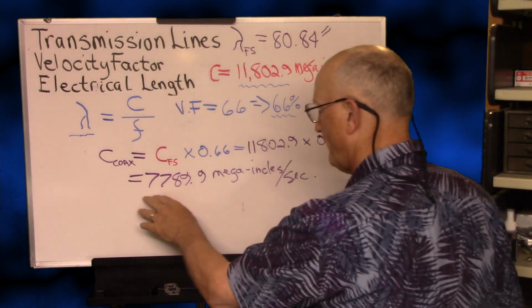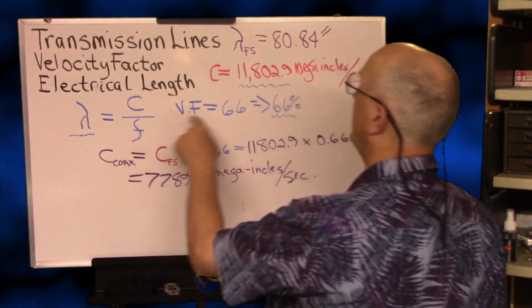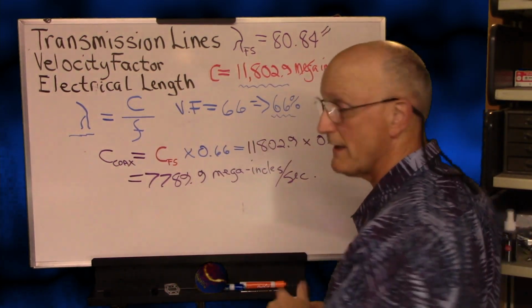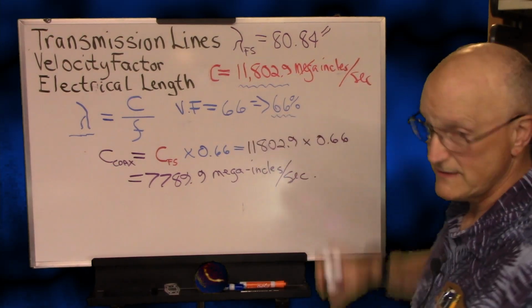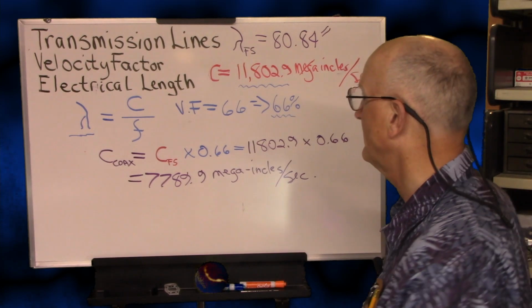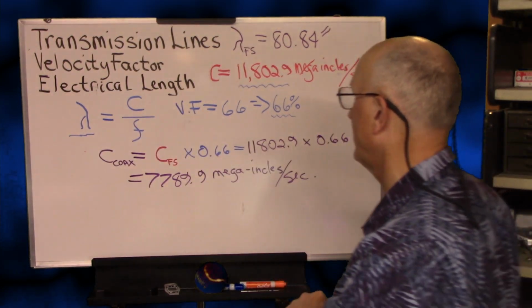So that is how fast the signal is traveling down our coax that has a velocity factor of 66 or 66%. So let's go back to this calculation.